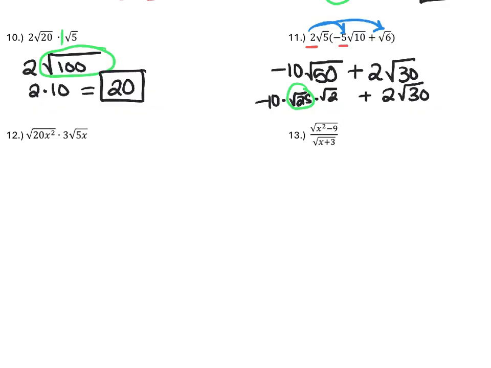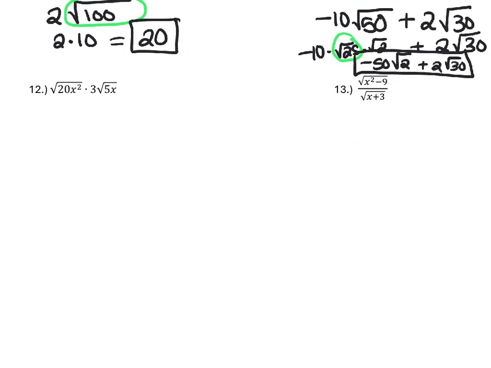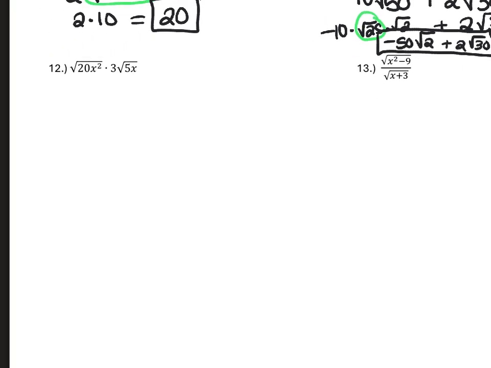So we end up with negative 10 times 5, which is negative 50, root 2, plus 2 root 30. And we cannot add those. We have to keep them separate. We'll talk about adding next time. Okay? So you cannot add unless they have the same radicand. Try number 12 on your own, please.